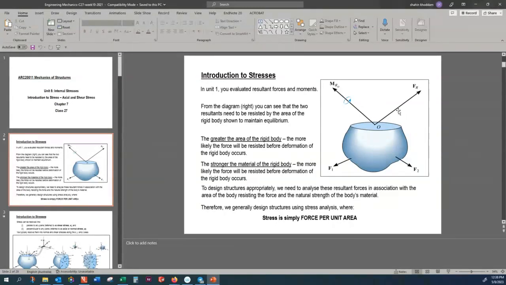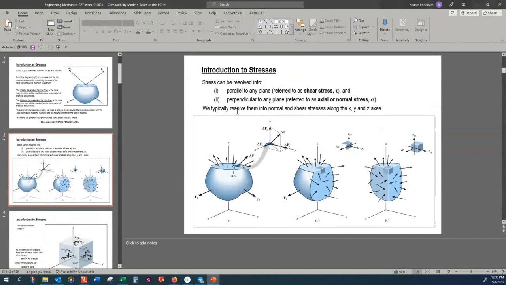Okay, so this is a rigid body object, and we know that if a rigid body is in equilibrium, all external forces can be simplified into one single resultant force and one single bending moment, or couple, which is lumped at one single point. And these are producing force intensities or stresses over all different cross sections.